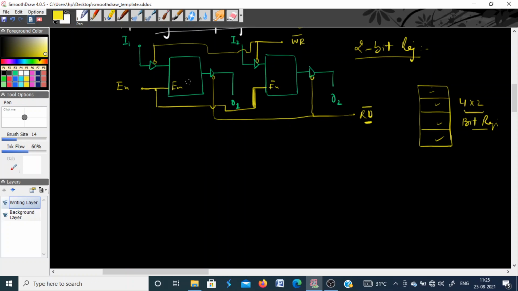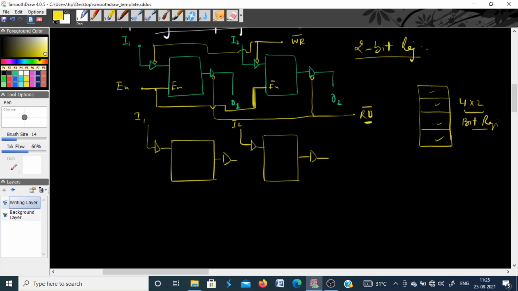Okay, it means you have one more structure like this, just like this register. You have one more 2-bit register, with two inputs I1, I2, and 2 outputs which are controlled by your tri-state buffers.